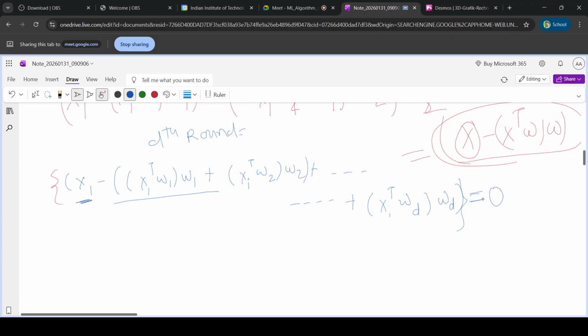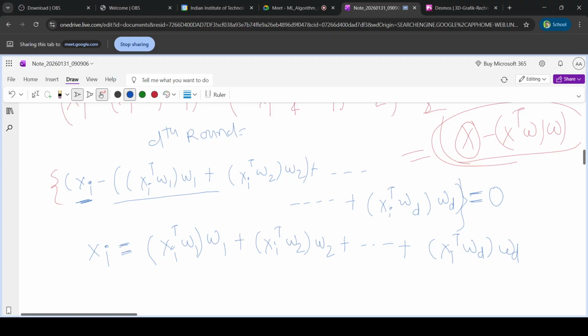So if you simply write this, since it is equal to 0, xi can be represented as xi transpose W1 into W1 plus xi transpose W2 into W2, and so on, plus xi transpose WD into WD.